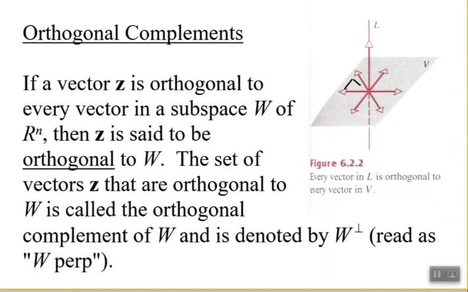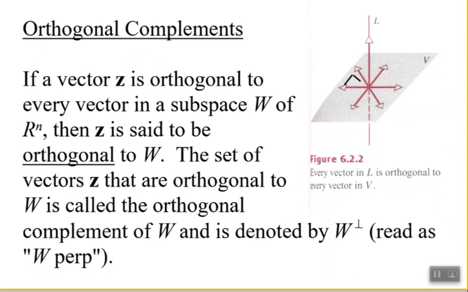Now we have orthogonal complements. So this Z is going to come back to us in other things, so we make sure we understand that. If we have a vector Z that is orthogonal to every vector in the subspace W of Rn, then Z is going to be orthogonal to W. So one vector is going to be orthogonal to everything.